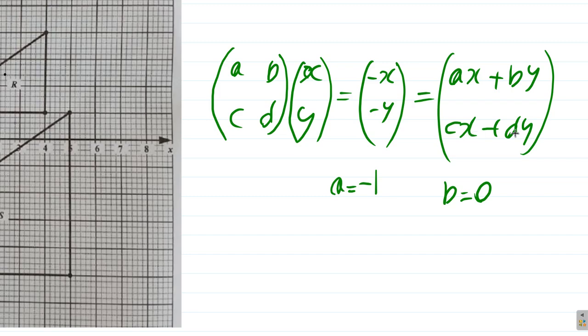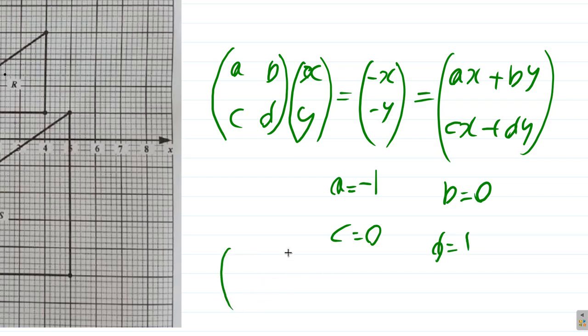What about C and D? There's no X at the bottom here, so you can see that C is 0. What about the Y? Y changed from positive to negative, so D is negative 1.